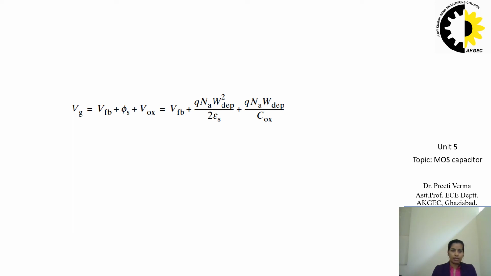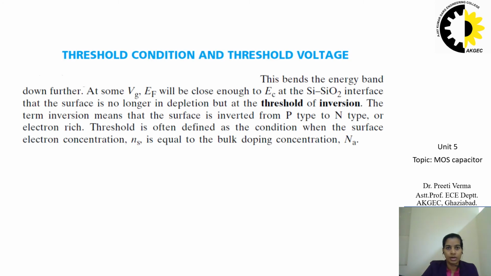This equation can be solved to yield Wdep as a function of Vg, with Wdep determining Vox and phi s, which become the threshold condition and threshold voltage. Let us make Vg in the figure increasingly more positive. This bends the energy band down further.